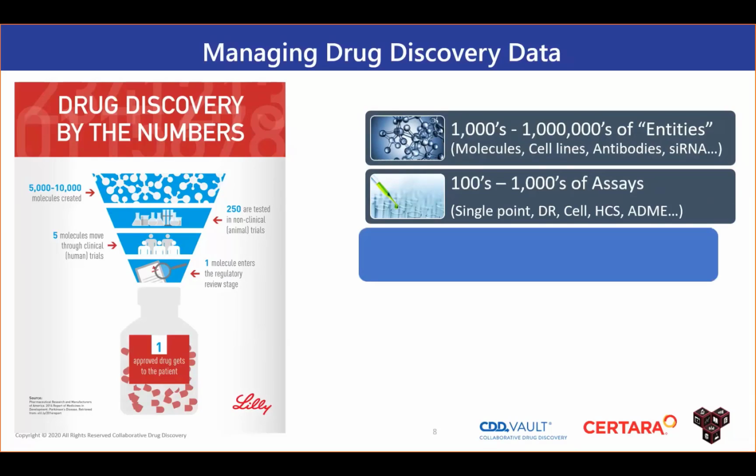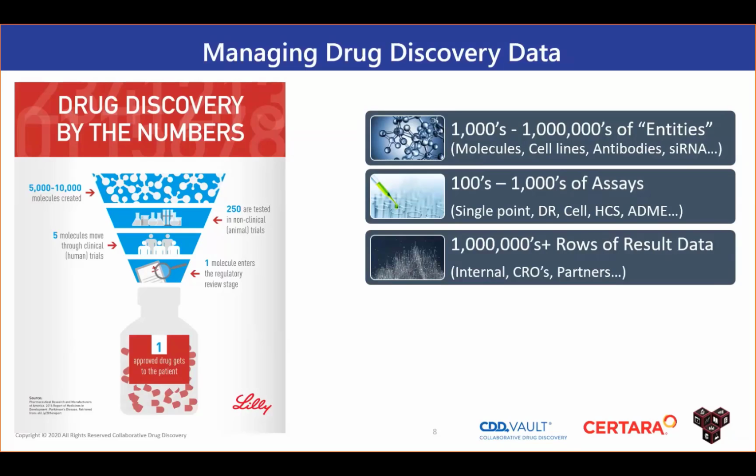Once that's done, we will be acquiring millions and millions, even billions of rows of data from all over the place, like CROs and partners, academic screening centers, in-house, et cetera. Sometimes this data is literally generated across the globe.